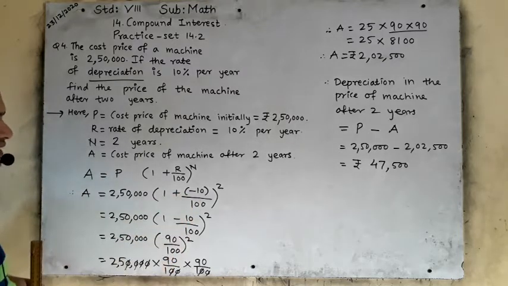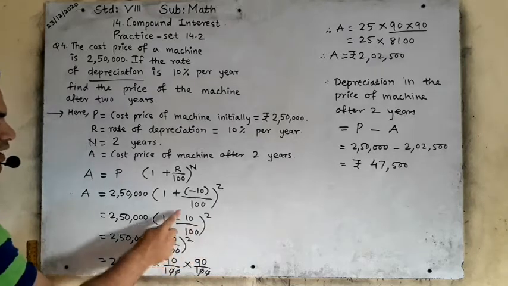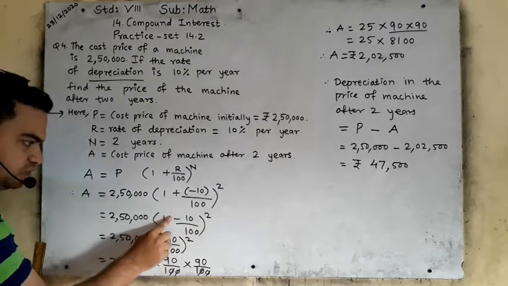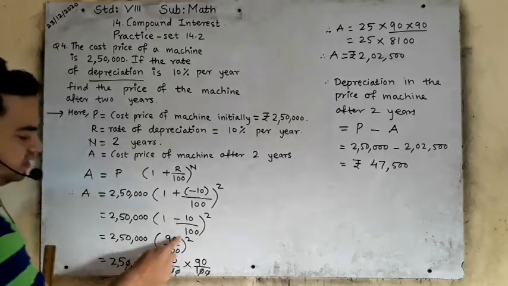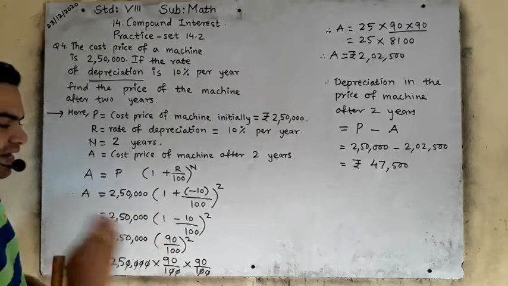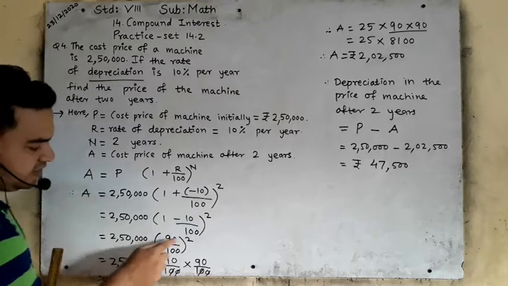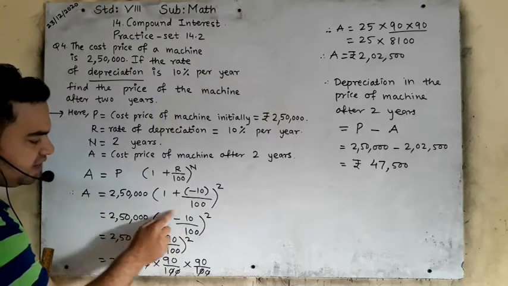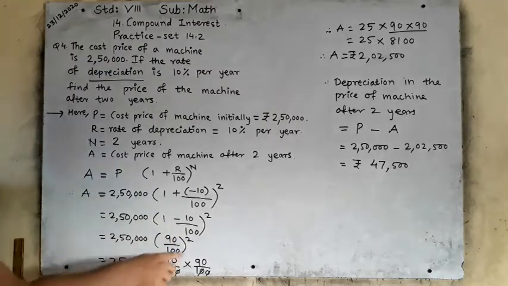So it is minus 10 upon 100 bracket square. Now 100 ones are 100, minus 10 from it, that is 90 upon 100 bracket square.